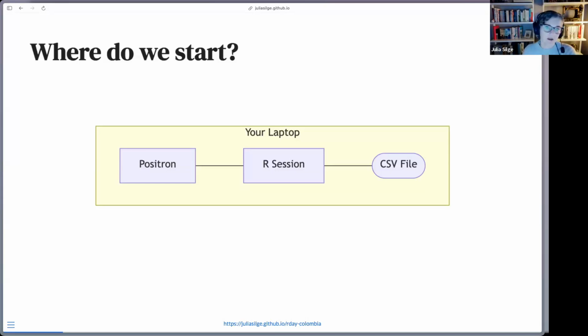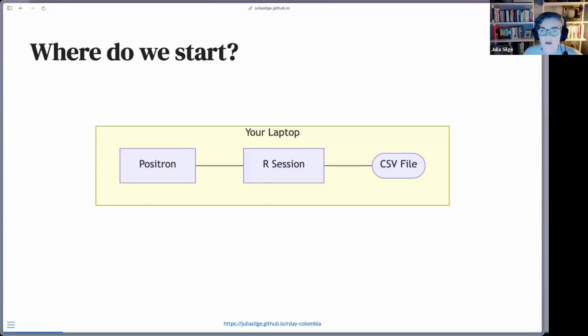You had maybe RStudio, maybe Positron, installed on your laptop or your computer. Here, when I say laptop, I just mean a computer that you can look at and see.